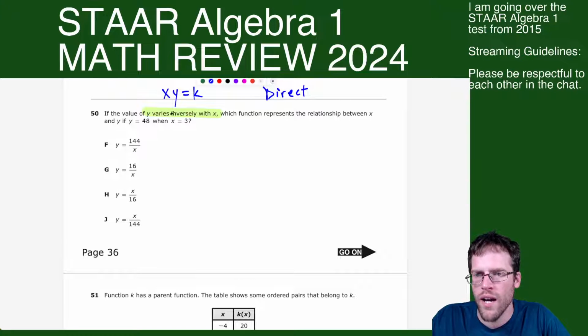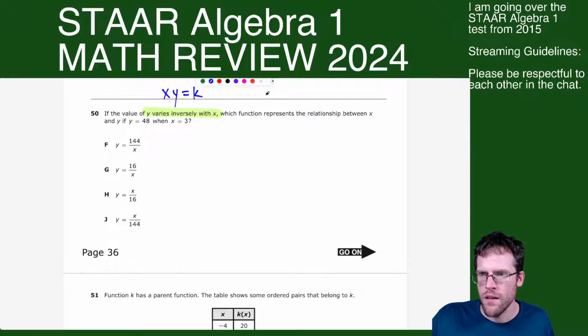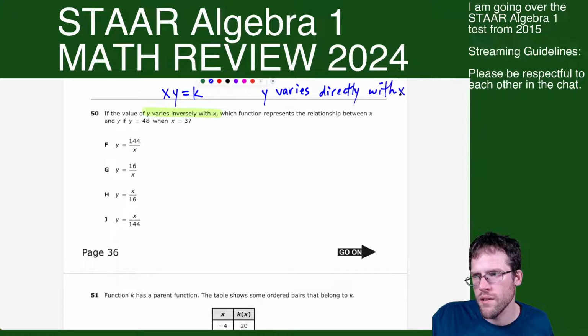If they say y varies directly with x, then you would have y equals kx. So you just have to recognize the key phrases and know the formula for this. But since they said inversely, it's this one. So x times y is equal to k.